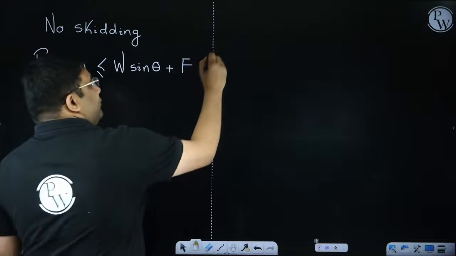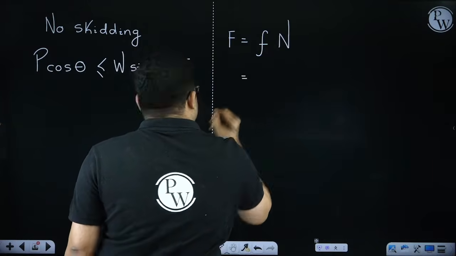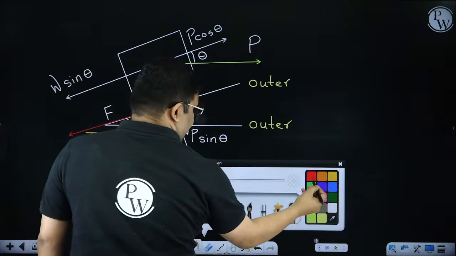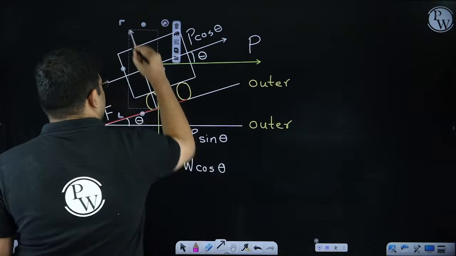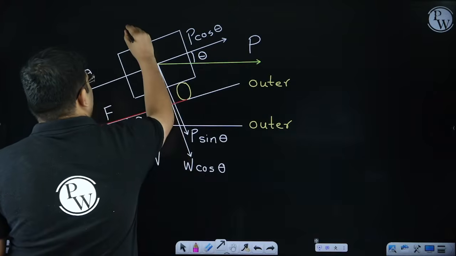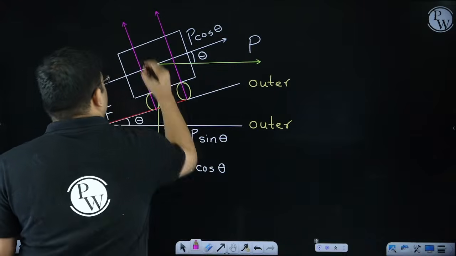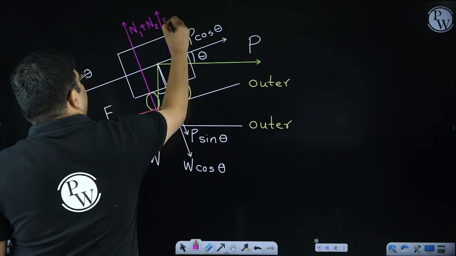Now, the frictional force is the coefficient of friction times the normal reaction. The normal reaction is due to these two, N1 and N2, so N1 plus N2 is the total normal reaction.